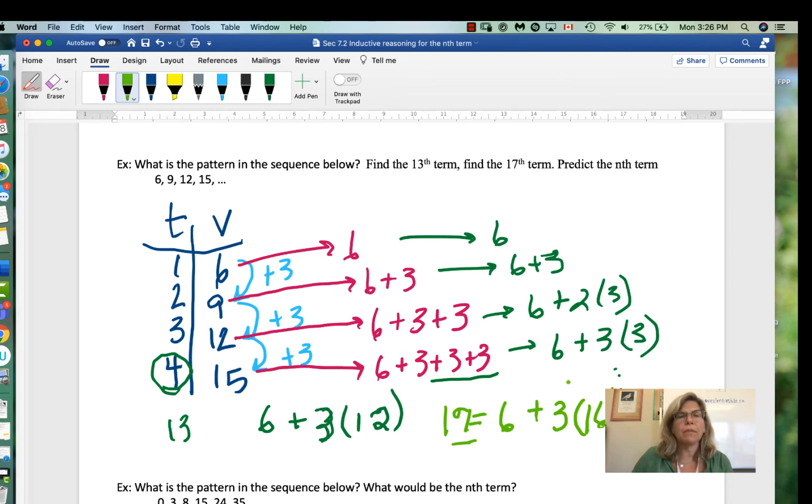And then finally, if we want an nth term, so we know from all of that, the nth term equals 6 plus 3 times the n minus 1 term. And that is the nth term.